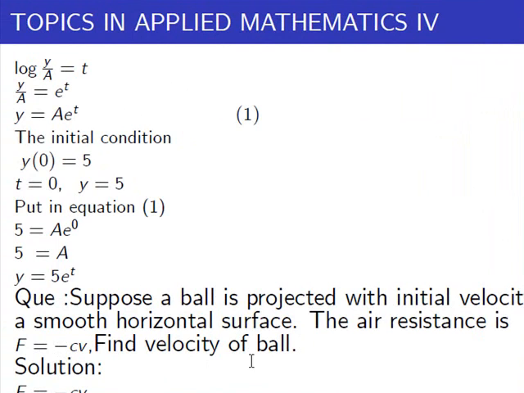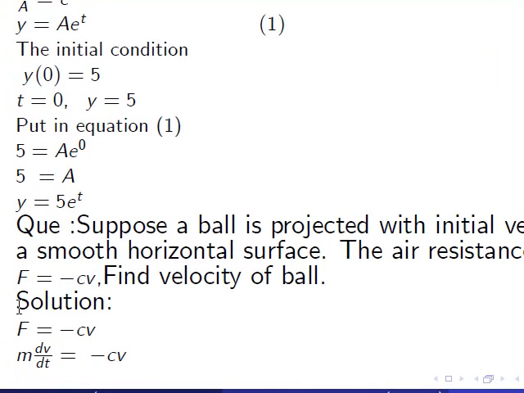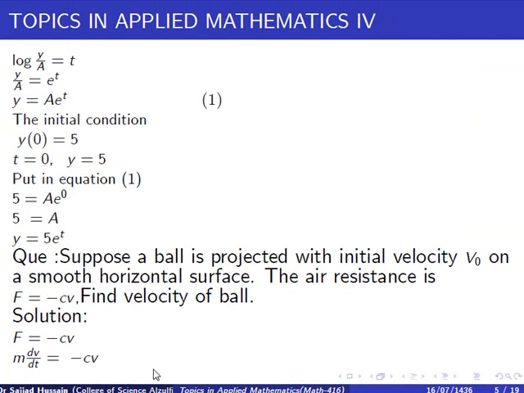Find the velocity of the ball, where C is a constant and V is the velocity at any time. For the solution, we use F is equal to minus CV, and from Newton's second law, F is equal to m dV over dt. Replace F by m dV over dt is equal to minus CV.